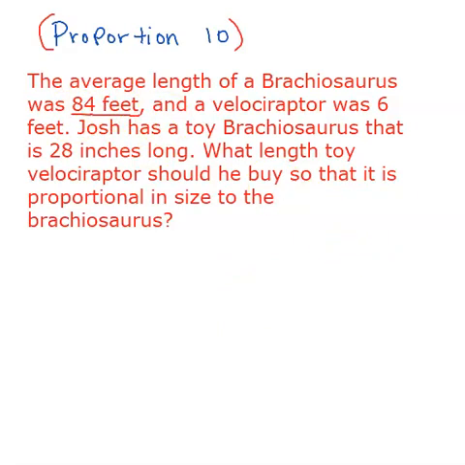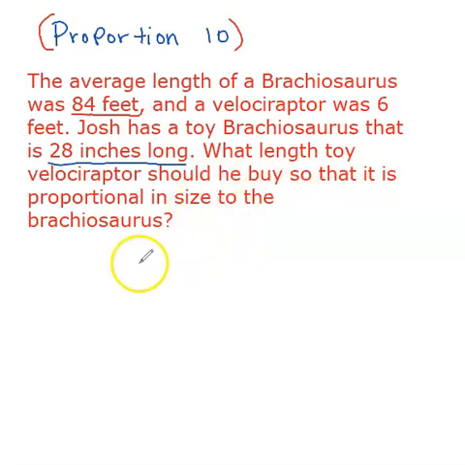And a Velociraptor, which is those raptor dinosaurs in the past that ran super fast on the ground, and Brontosaurus is that long neck dinosaur that eats leaves. Okay, so Josh has a toy Brontosaurus that is 28 inches long. What length toy Velociraptor should he buy so that it is proportional in size to the Brontosaurus?